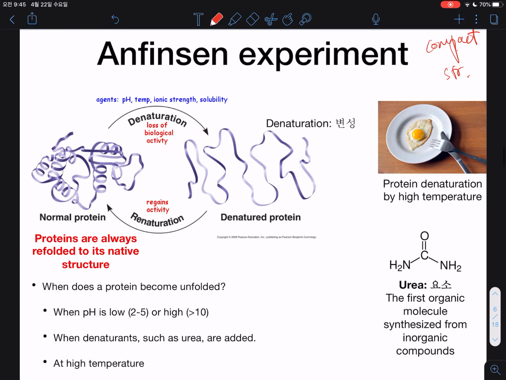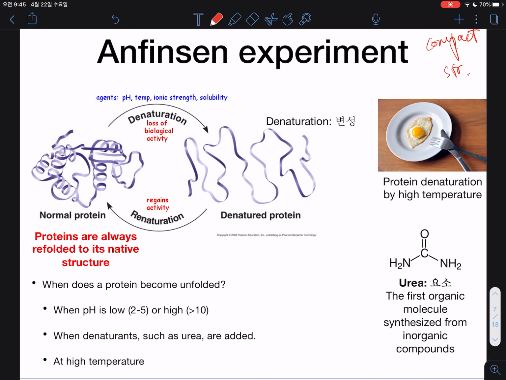And this is based on something called Anfinsen's principle. In this slide, we're going to talk about Anfinsen's principle, Anfinsen's experiment. In 1972, Anfinsen found out that if there is a stable protein, the protein can be denatured.